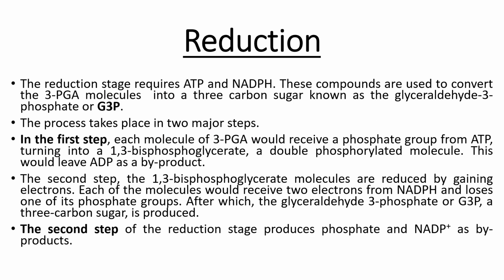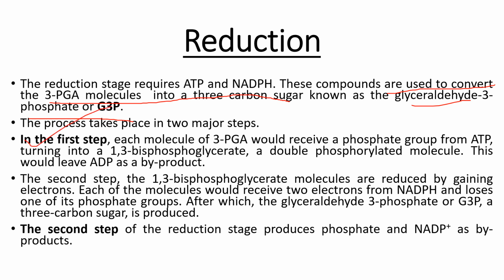The next step which comes is the reduction step. So in case of reduction, this is the next phase. The reduction stage requires ATP and NADPH. These compounds are used to convert the 3 PGA molecules into a 3 carbon sugar, which is known as glyceraldehyde 3-phosphate or G3P.